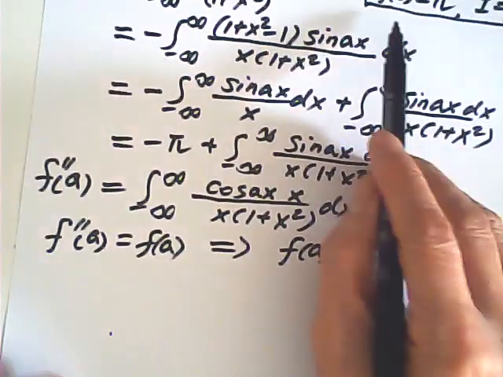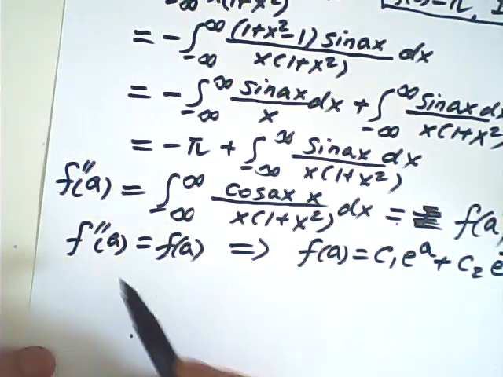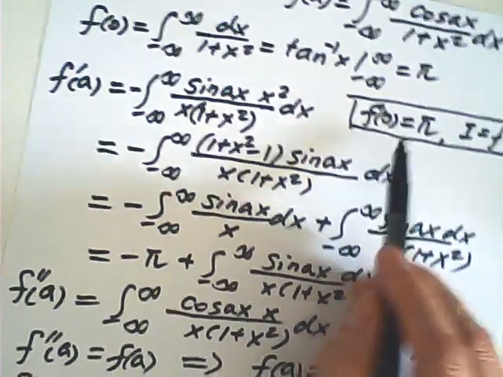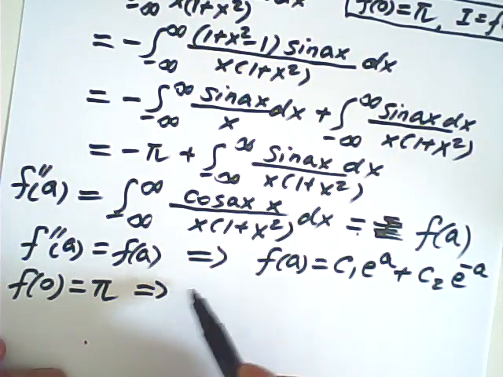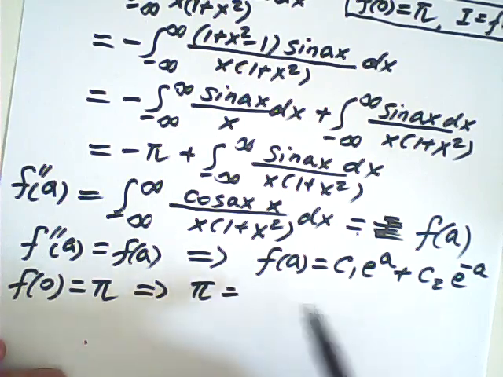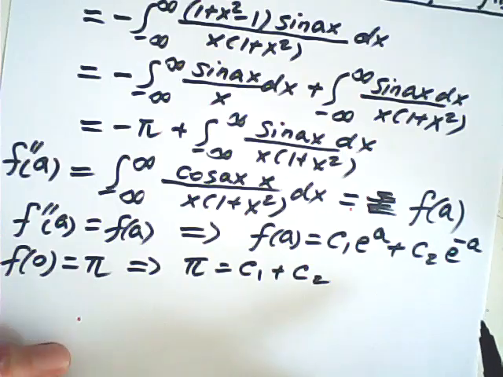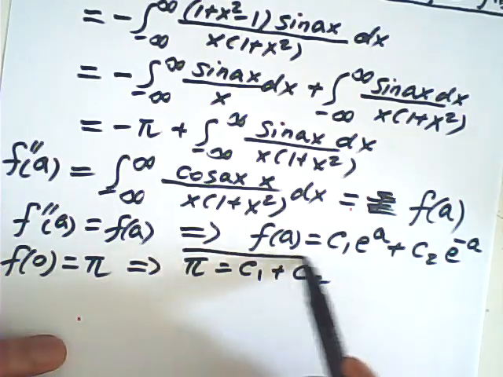f of 0 is pi, right? Now I'm using this condition, which means pi is equal to c1 plus c2. That is my equation 1.